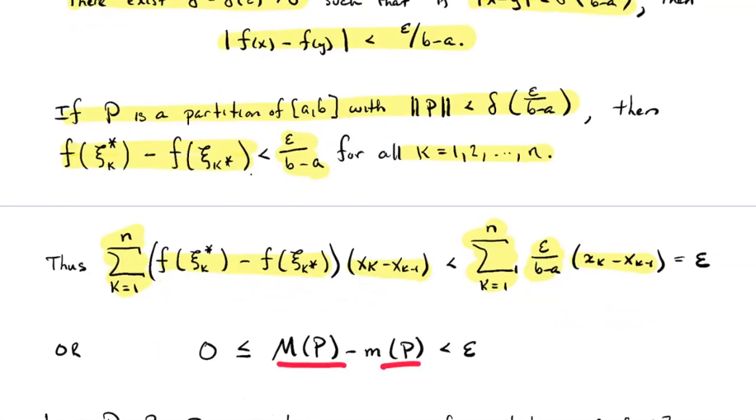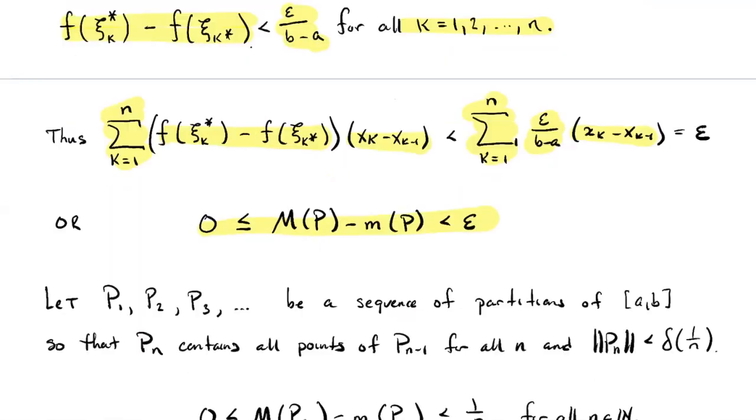Upper sums are always greater than or equal to lower sums, so that difference is non-negative, and the inequality above says that it's less than epsilon. Okay, so to summarize, if P is a partition whose norm is less than this delta, the delta constructed from this epsilon over b minus a, then the upper sum for P minus the lower sum for P is non-negative but less than epsilon.